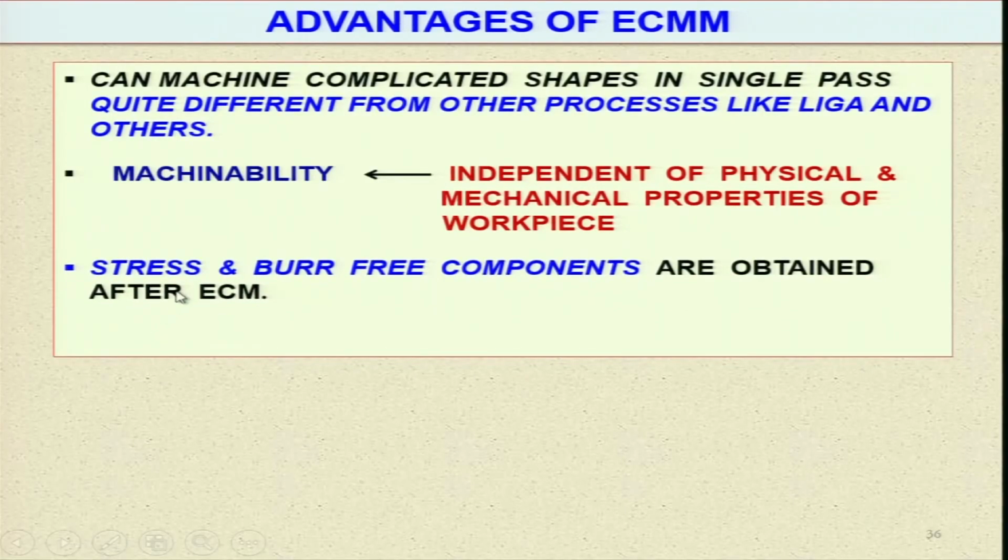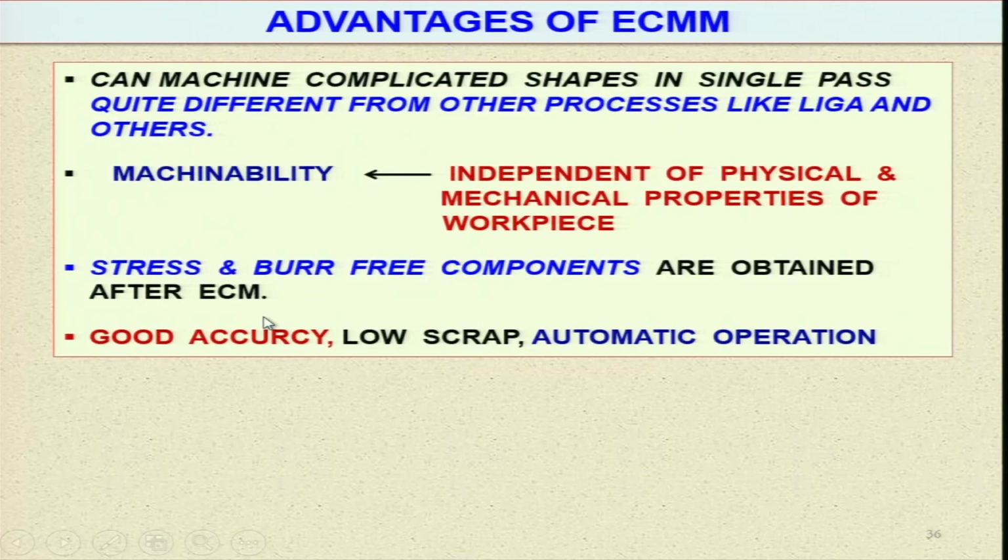And then you achieve stress and burr free components after ECM and ECMM process, because in case of EDM process or other processes you get thermal stresses, and in case of conventional processes you get burrs etc. So, both of them are absent in case of ECM as well as ECMM process, and you achieve good accuracy, low scrap, automatic operation.